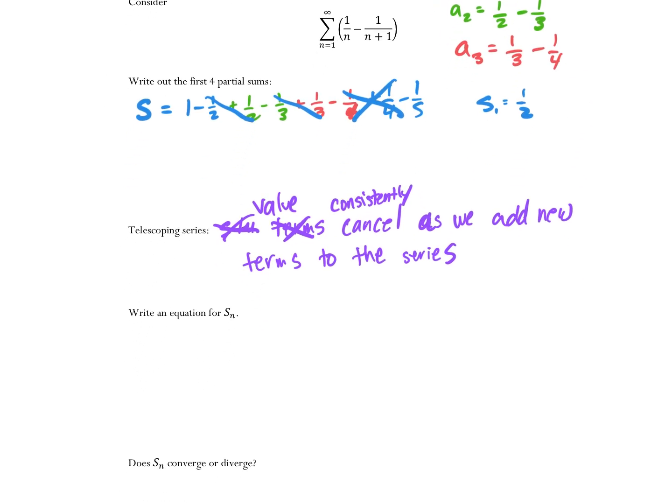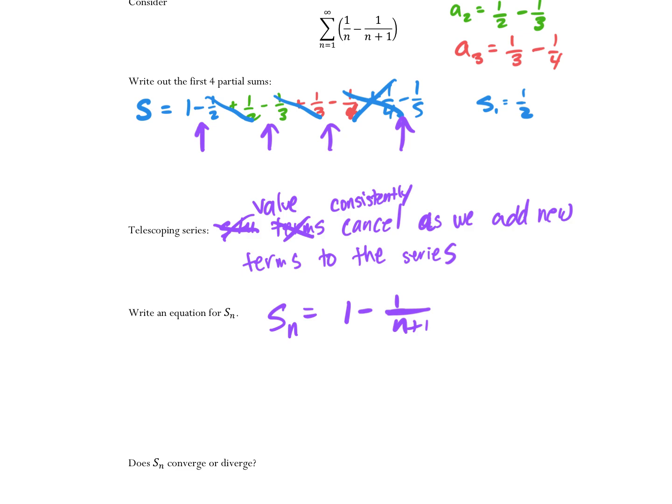So, in some capacity, S sub n in this case is 1 minus 1 over however many terms we're adding. I'm sorry, in this case it's n plus 1, because this was S1, S2, S3, S4.